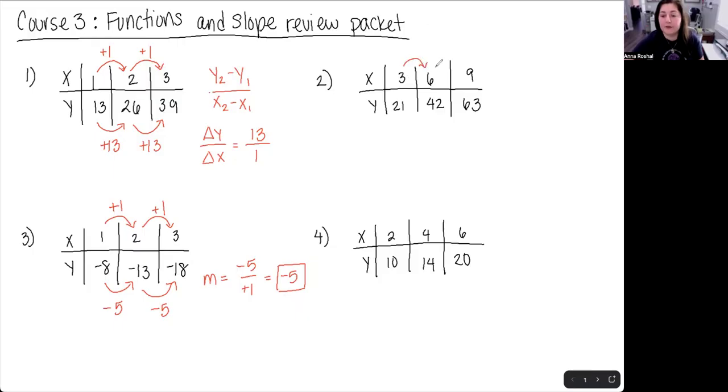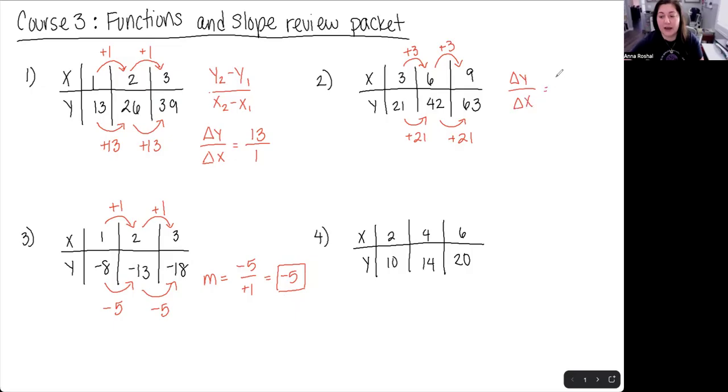Here, I'm going to constantly add 3. And then down here, I am going to add 21, and then again, add 21. So this one is slightly different, because when you're looking for a constant rate of change, we're looking for this change in y over this change in x.